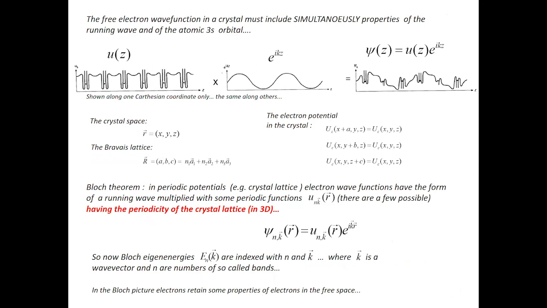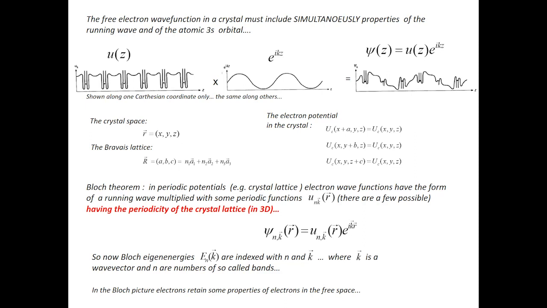But then, the electron is free. So you have a running wave representing free electrons, and on the other hand, it should have this crystal property. We know that a crystal must include simultaneously properties of the running wave as well as the 3s atomic orbitals of our sodium crystal in this example.